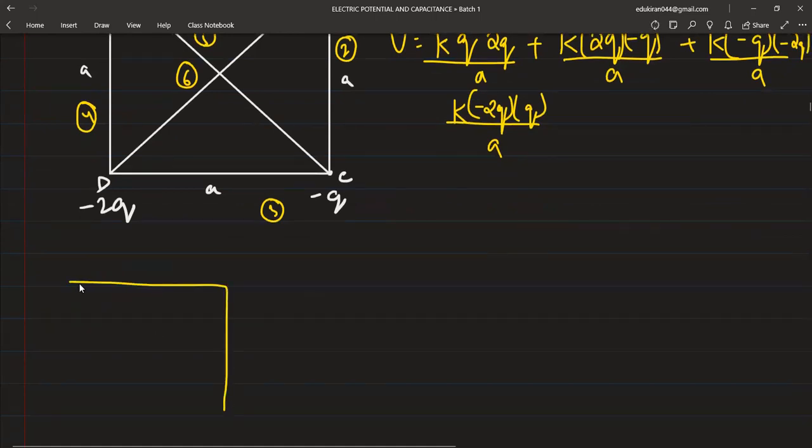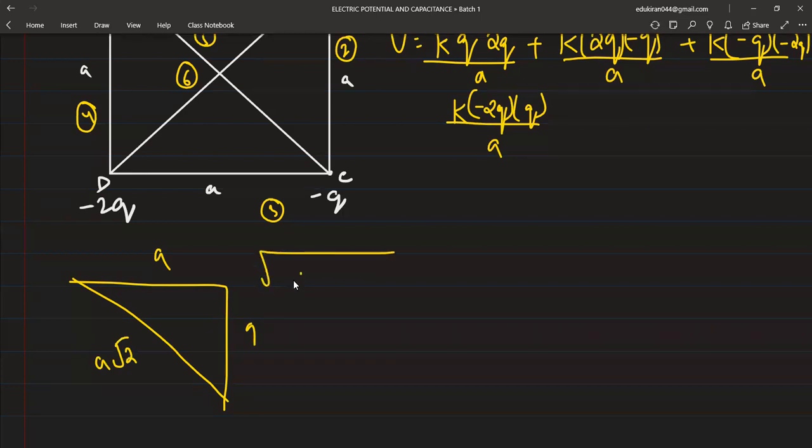So it's like this, A, A. So this will be root 2 A, A root 2, right? We'll be using the Pythagoras theorem.